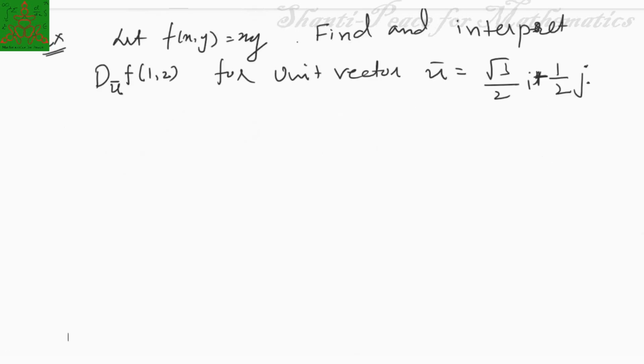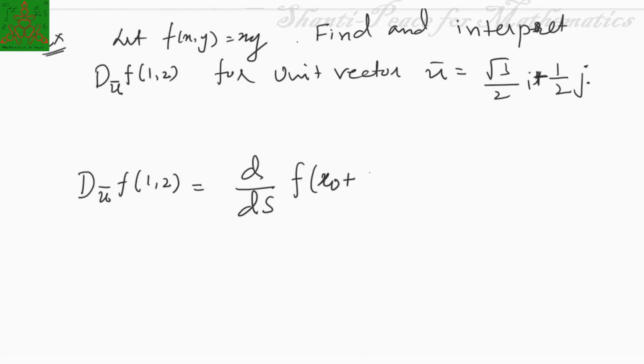As per the definition, the directional derivative of f at (1, 2) in the direction of u bar is d/ds of f(x0 + s u1, y0 + s u2) at s equal to 0.